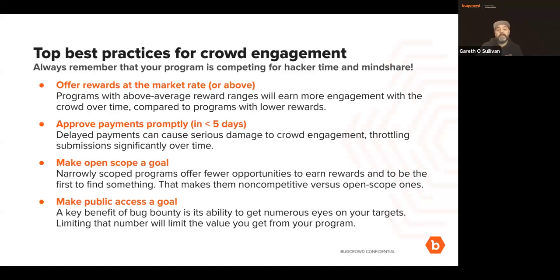Making open scope a goal is probably something that you want to look towards in the future. If you're starting out on this journey, you can start small. You can create programs with a small number of assets in scope, and then maybe in the future you want to get to a point where you're able to make the program more focused on an open scope approach.